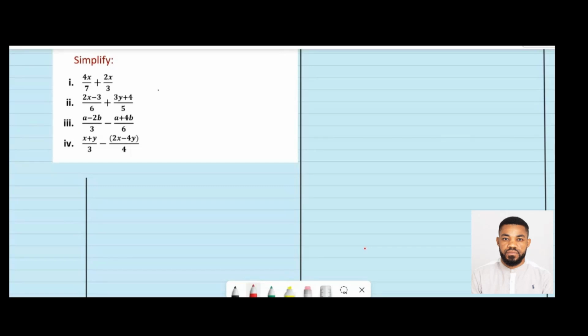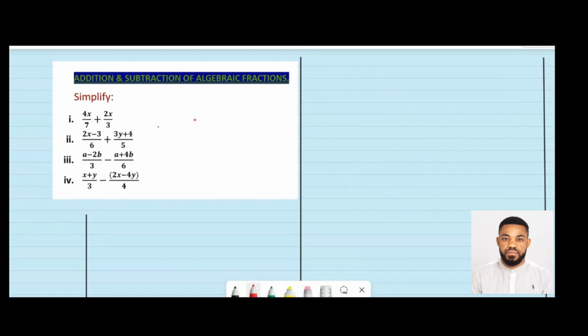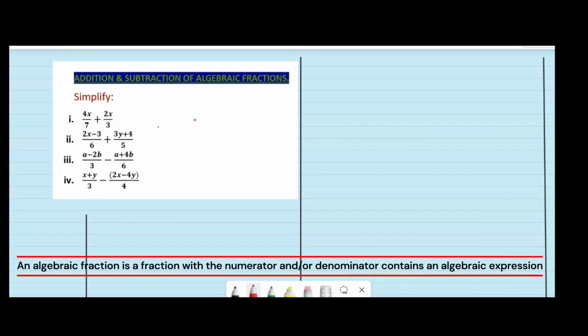In this video, we'll be talking about addition and subtraction of algebraic fractions. What do we mean by an algebraic fraction? An algebraic fraction is a type of fraction where the numerator and/or the denominator contains an algebraic expression.